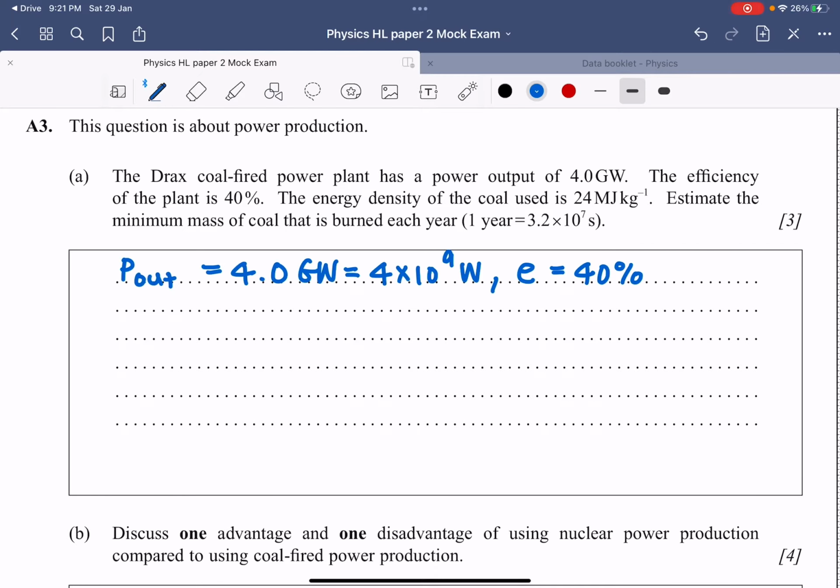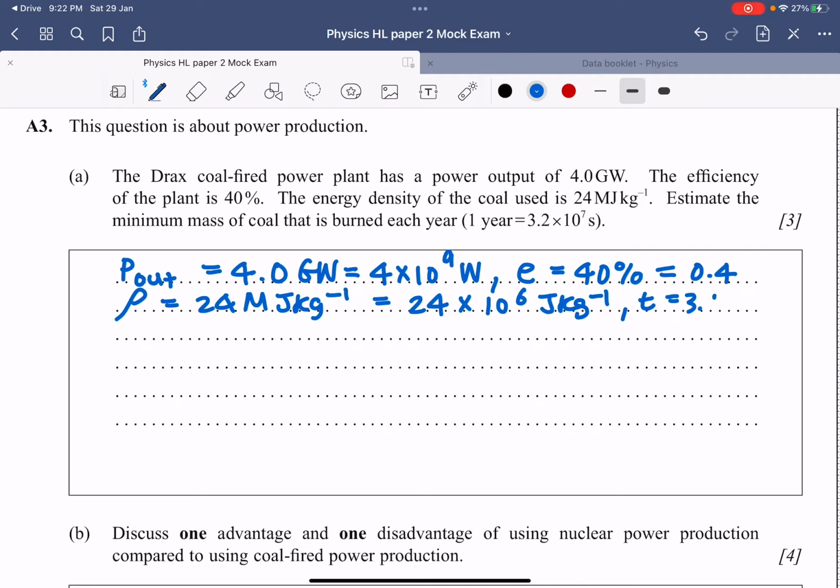Converted to a decimal to be used in our calculations later on, it'll be 0.4. The energy density they have given us is 24 megajoules per kilogram, and in SI units this is 24 times 10 to the 6 joules per kilogram. And the last information is time t, 3.2 times 10 to the 7 seconds.